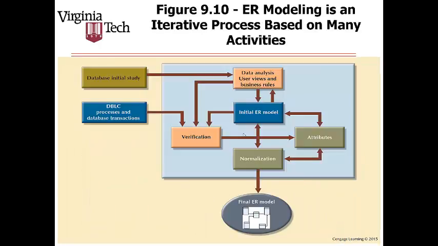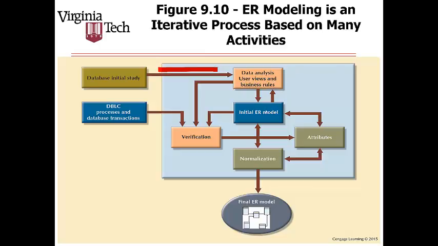Well, this idea of validating or verifying our ER model is really critically important, right? We have to be sure that we have our model right. Coming in from our database initial study, we have all of our analyst views, our rules, and even some of our reports, as much information as we could get, in terms of all the possible entities and attributes we have.